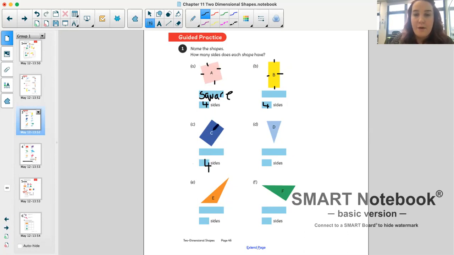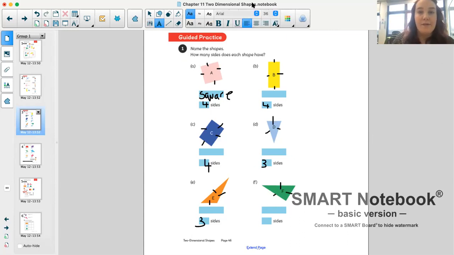See them here, but it's got 2 short ones and 2 long ones, so it's got to be a rectangle. Here it's got 1, 2, 3 sides, so it's got to be a triangle. Let's try this one. 1, 2, 3 sides, and it is a triangle again. And again, 1, 2, 3 sides, and it's a triangle.